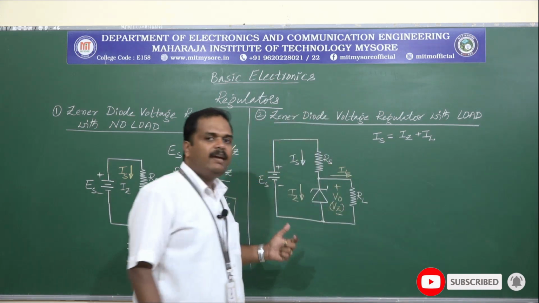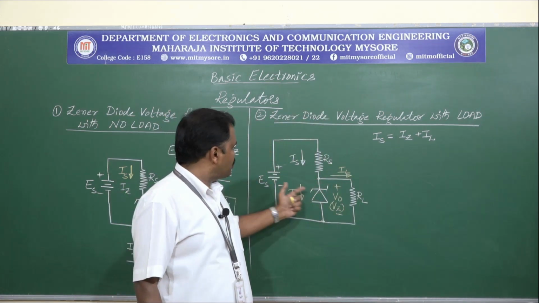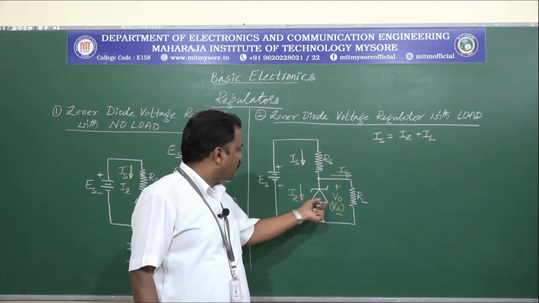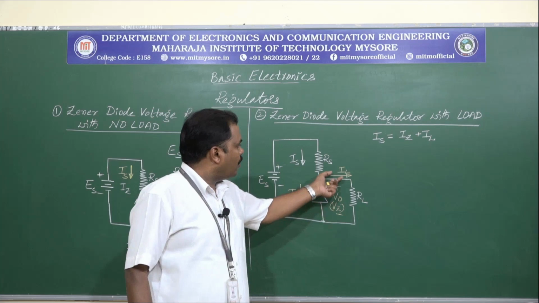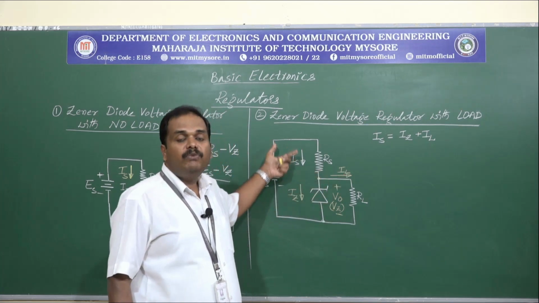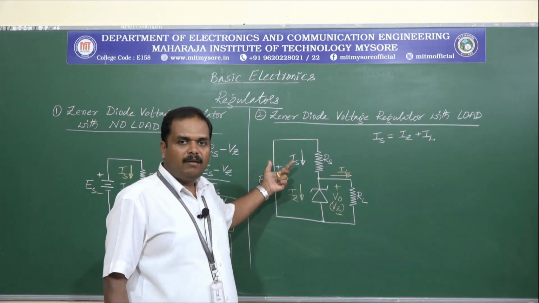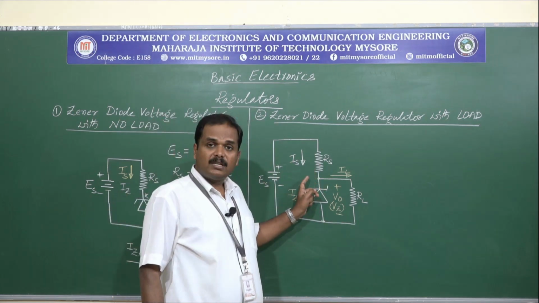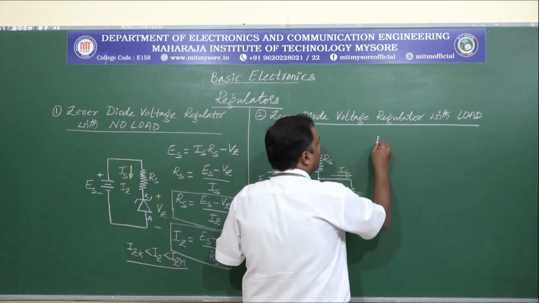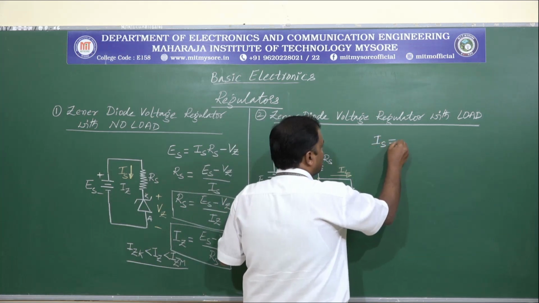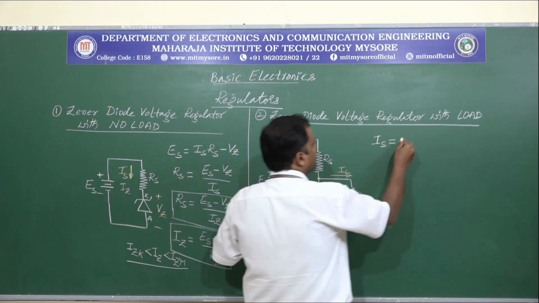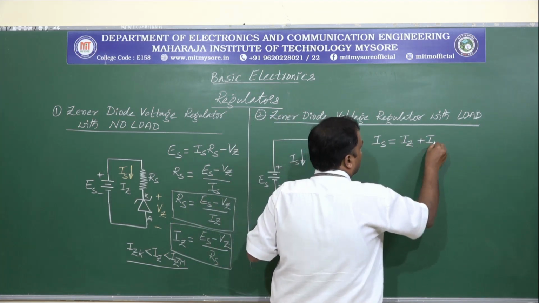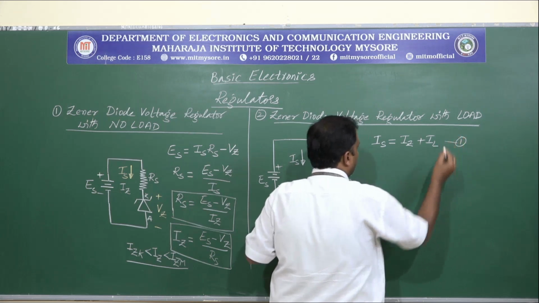By applying KVL, we can write the expression if I want to determine Iz, or Vz, or IL. So we can apply KVL and find out the values. From the circuit, we can write Is is equal to Iz plus IL. Let us call this equation 1.